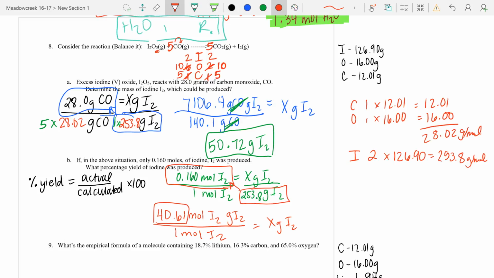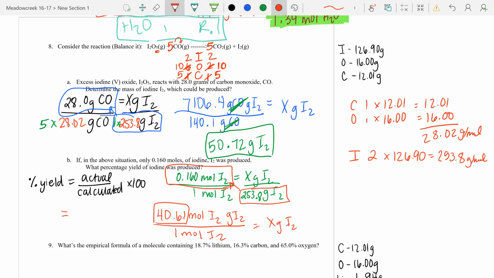Now, if I was supposed to produce 50.72 and I only produced 40.61, that shows me something pretty significant. So let's plug that in.